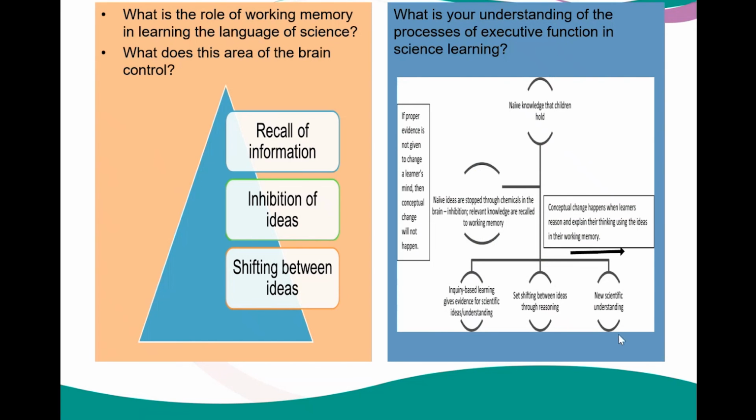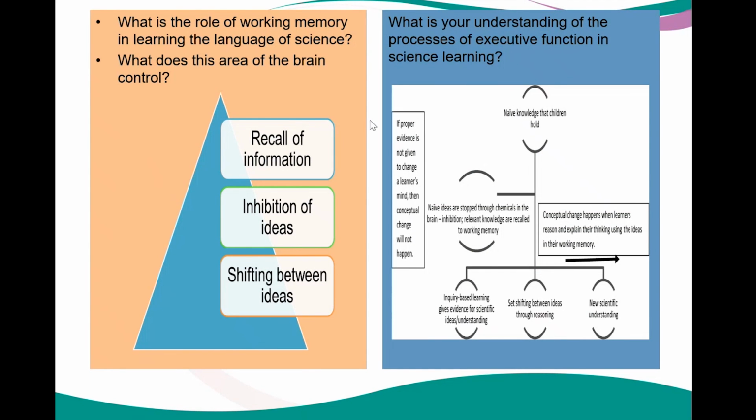Okay, so let's look at this slide, where we look at the recall of information in terms of the role of working memory in learning the language of science. Thinking or reasoning is controlled by the brain, remember.